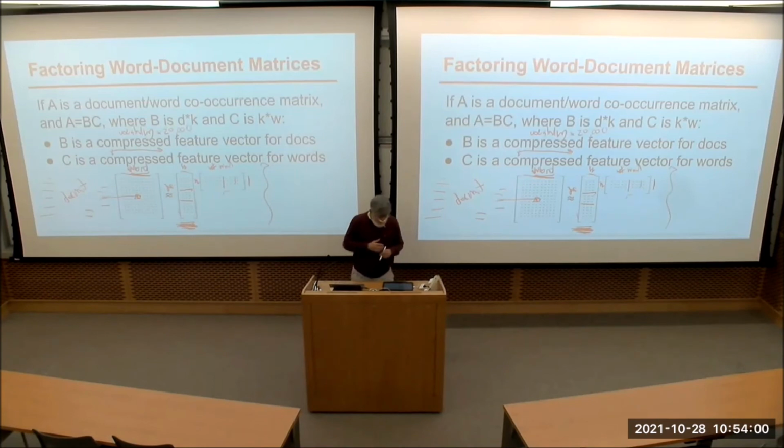Now, the trouble is, not every matrix, in fact, very, very few matrices can be exactly factored into the product of low-dimensional matrices. But on the other hand, notice we have an approximation sign.